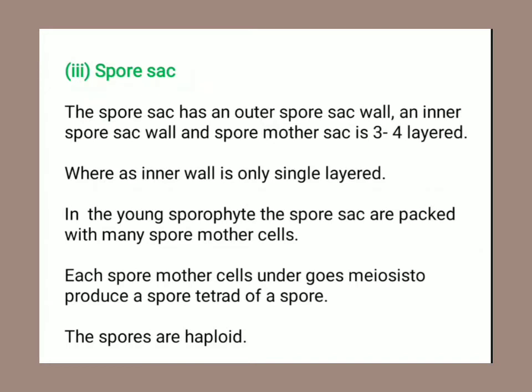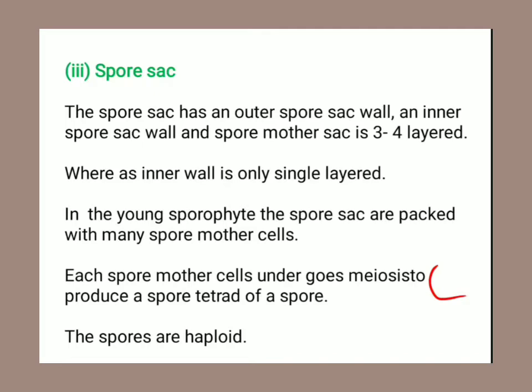In the young sporophyte, the spore sac is packed with many spore mother cells, and each spore mother cell undergoes meiotic division and produces a tetrad of spores, and the spores are haploid.